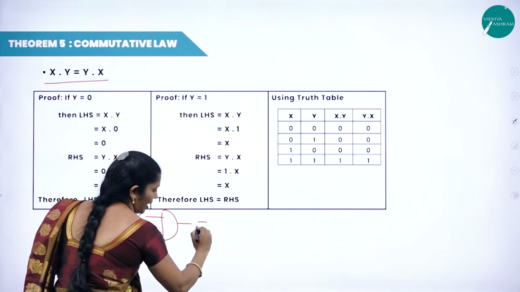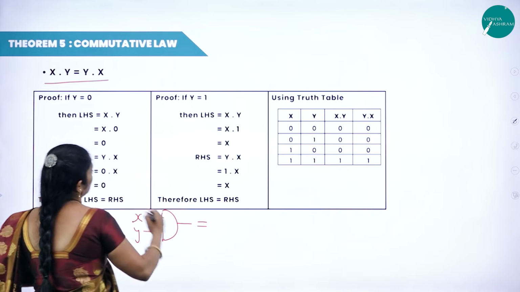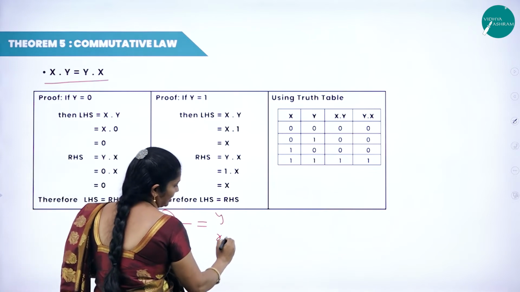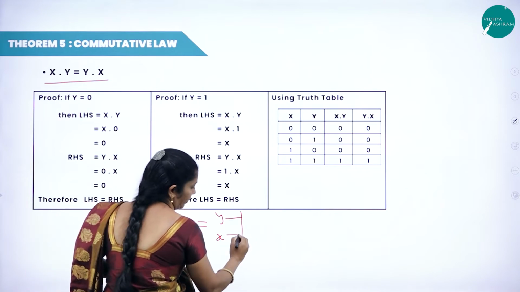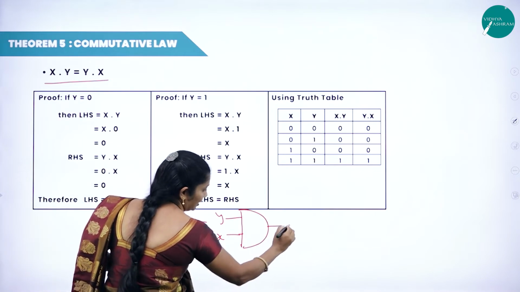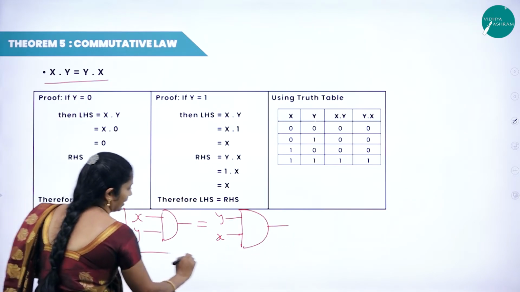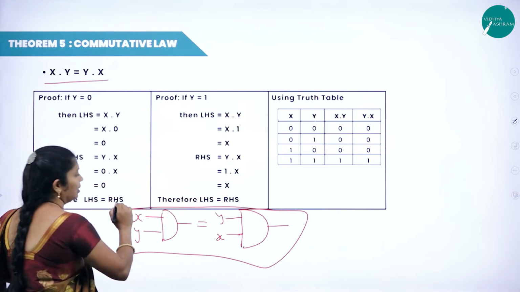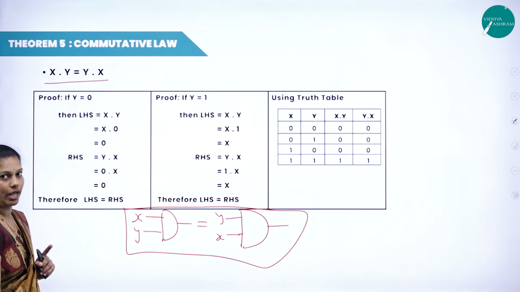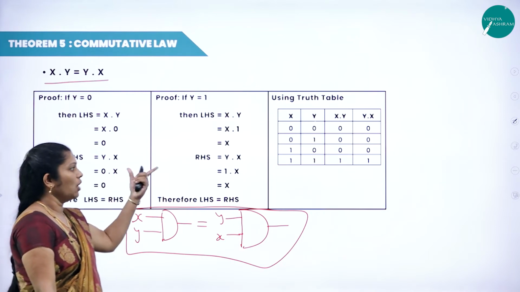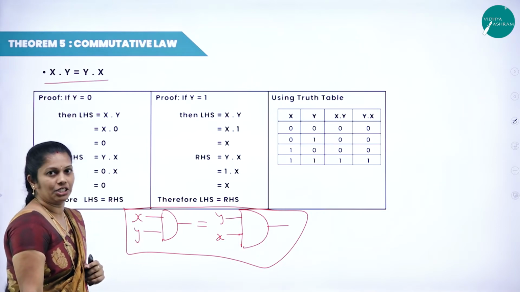It is equal to y and then x. Here I am going to take y and x connected with a D shape, that is the dot operator, that is the AND operation, then one line. From this I can say that this is the symbol for x into y is the same as y into x. Now we'll prove this by using the perfect induction method.